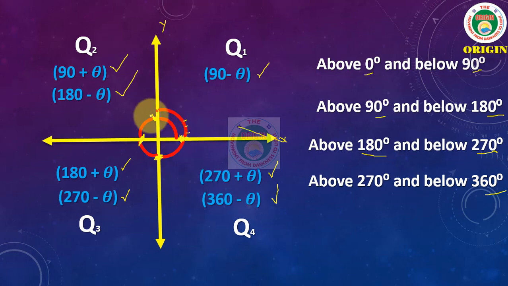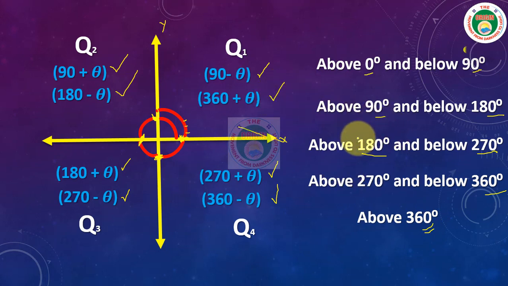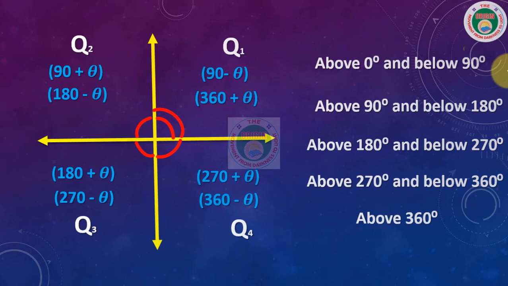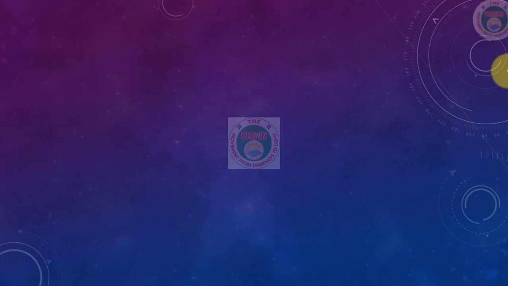So in quadrant 1, we take another angle that is above 360, we can take 360 plus theta. That is why in the first quadrant two types of angles exist, 90 minus theta and 360 plus theta. These are the angles existing in each quadrant.